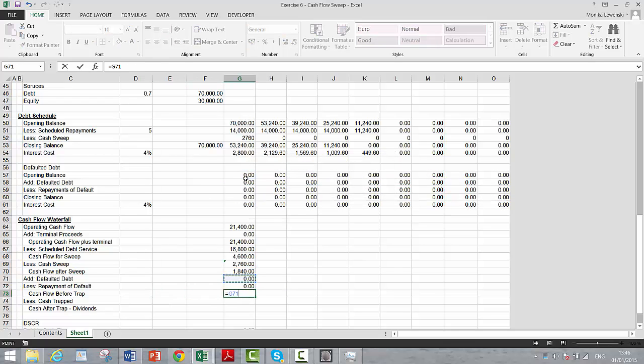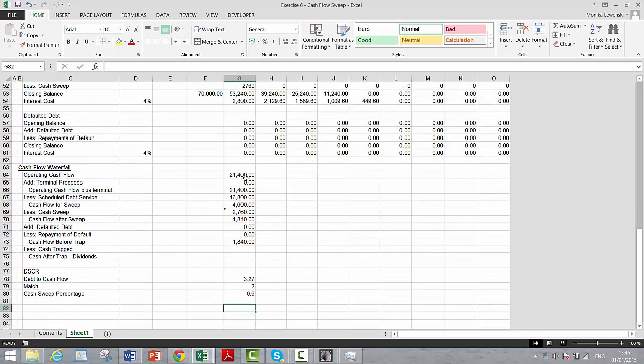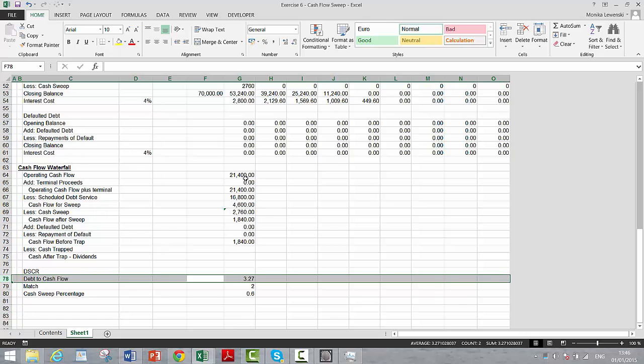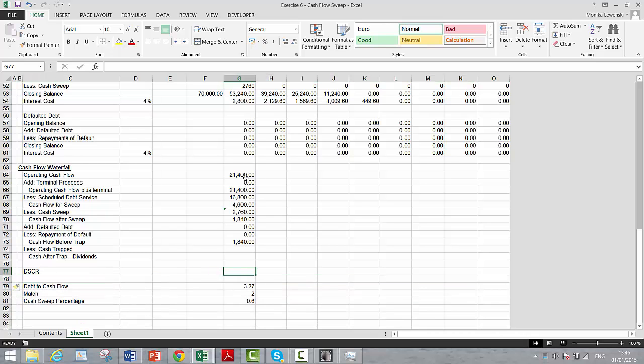That means we have a cash flow after default, which is plus the defaulted debt minus the thing, and then the cash trap depends on the cash trap covenant, and our DSCR we could compute as the cash flow divided by the debt service.